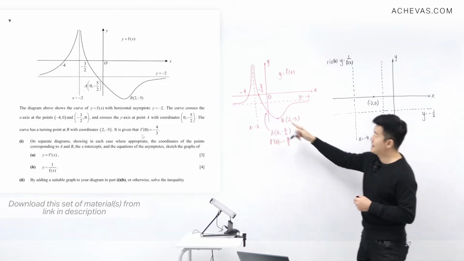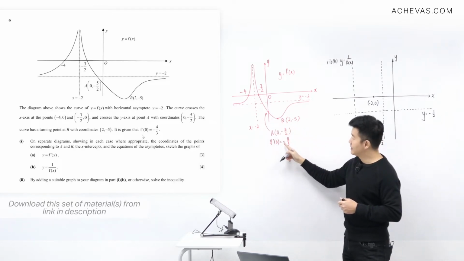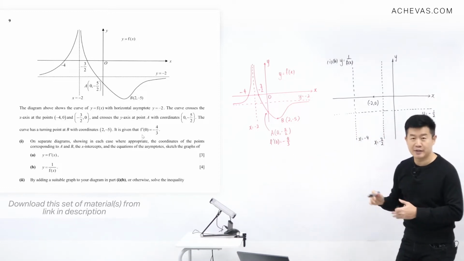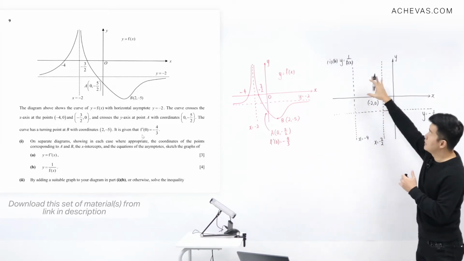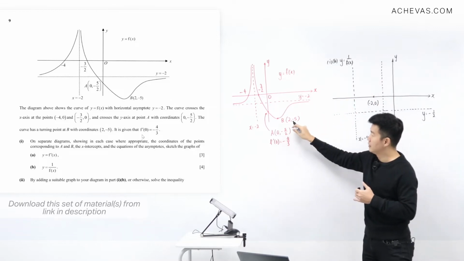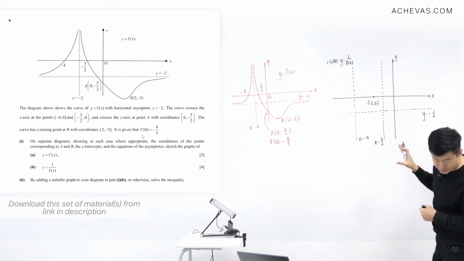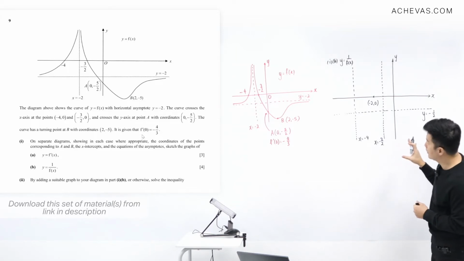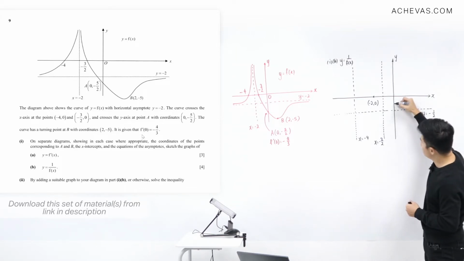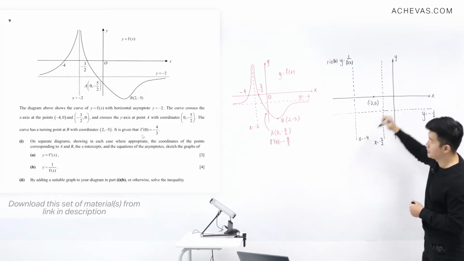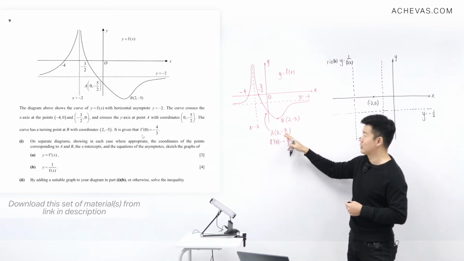And we have a y-intercept here. So when x is equal to 0, y is equal to -5 over 2, which means that when x is equal to 0, y is going to be 1 over this. So 1 over -5. So on here, we are going to be expecting, maybe somewhere here. This is going to be a point which is going to be equal to, oops, I'm looking at the wrong point. It is actually this.